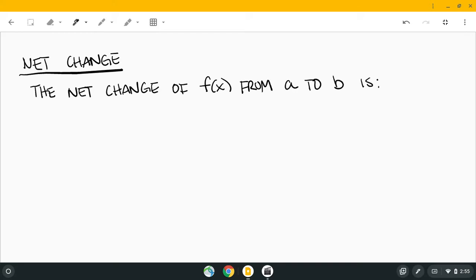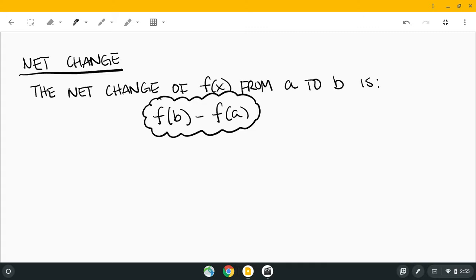So the net change of a function, whatever that function f of x is, from a to b is f of b minus f of a. Because this is subtraction, the order does matter. So if they're asking you to find the net change of f of x from a to b, you need to make sure that you are finding f of b and then subtracting f of a.